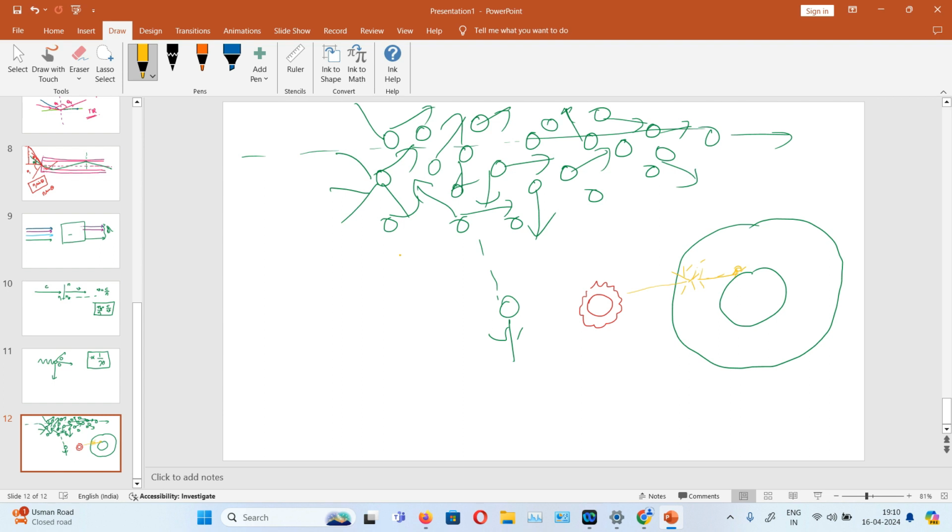Okay, so this is the same reason the noon sky is seen in blue color, and also the evening sky and the morning sky are seen in red color.